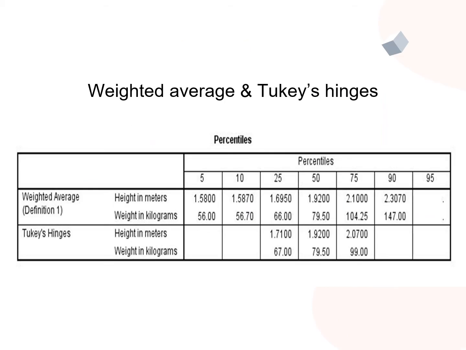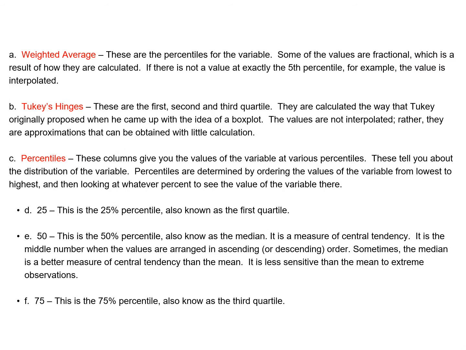Then we also have your weighted average and Tukey's hinges, guys. Tukey's hinges, we will actually explain more of this when we talk about ANOVA and chi-square. I just want you to remember, guys, that for the weighted average, the values are interpolated.